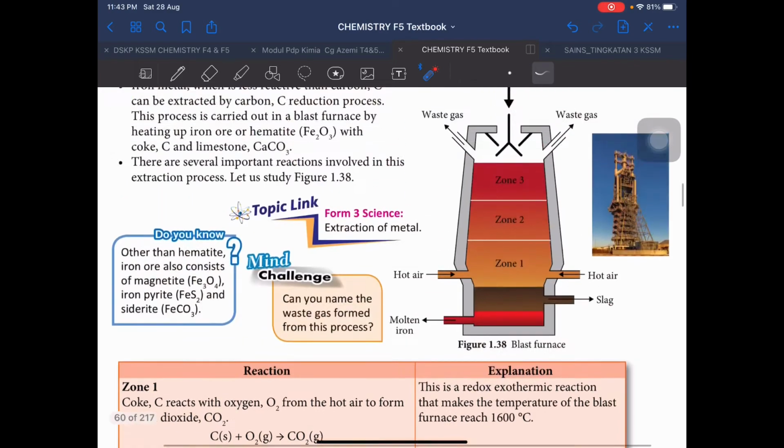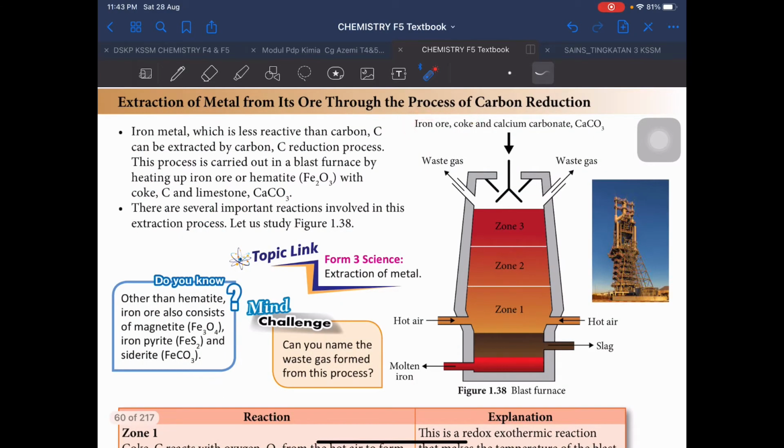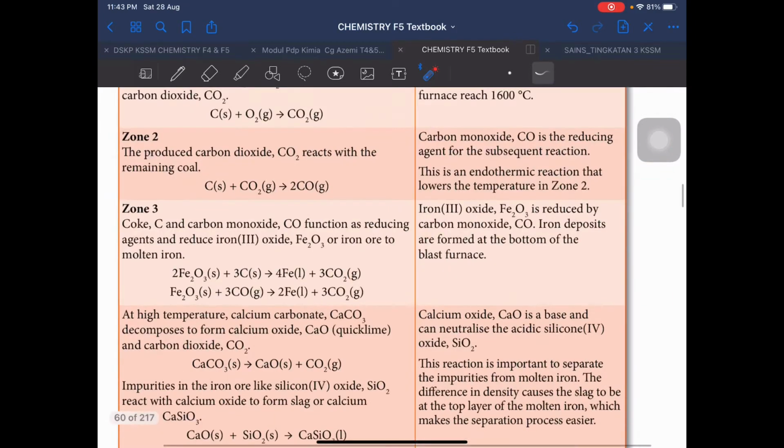Coke yang mula-mula kita kasih masuk from here. Okay, the coke and also the carbon monoxide from step number 2. Those two are going to react with the ore. Apa ore? Biji besi ataupun hematite ataupun iron trioxide, because we want to have this iron ma.